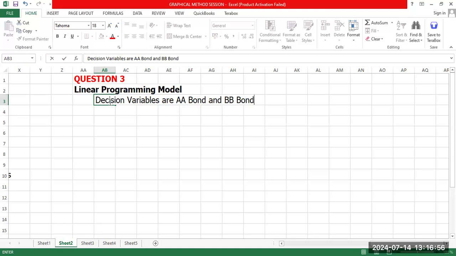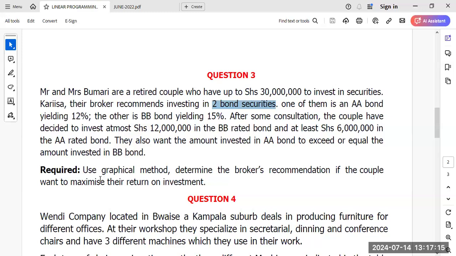But we cannot keep on using AA bond and BB bond. So we can define let X. Sometimes Roman 2 can help you. In Roman 2, they are telling you to determine the broker's recommendation if the couple want to maximize their return on investment.